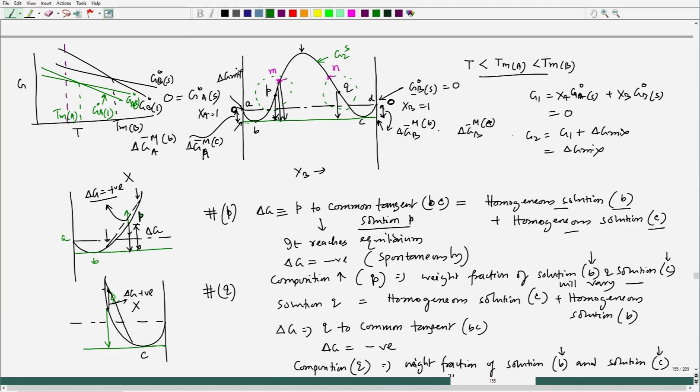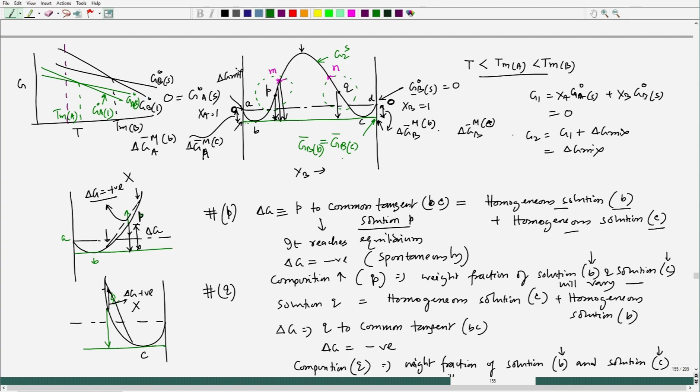Okay. So, this point can be written as G_B bar of composition C, and we can write this one also as G_B bar of composition B, and we see they are coinciding at the same point. I make this relation as this.